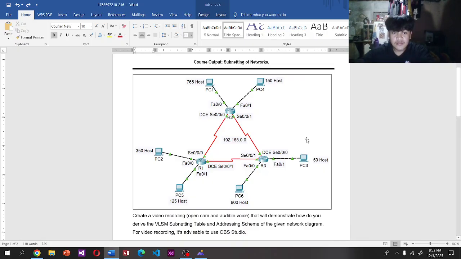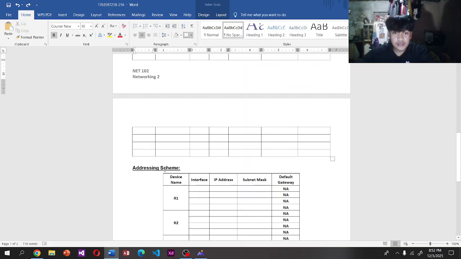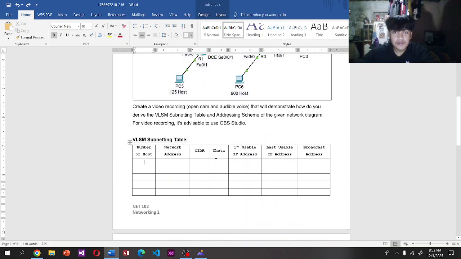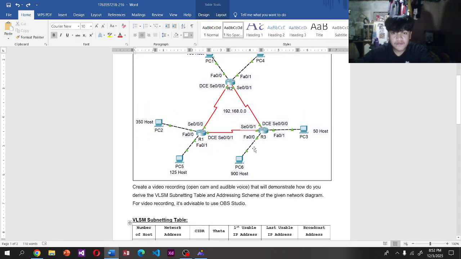In this video, we're going to derive the VLSM and subnetting table and addressing scheme. First, we arrange the number of hosts from largest to smallest.